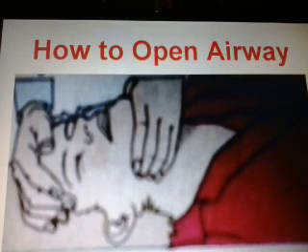Number 2, remove anything like scarf, cloths, any obstacle around the neck.